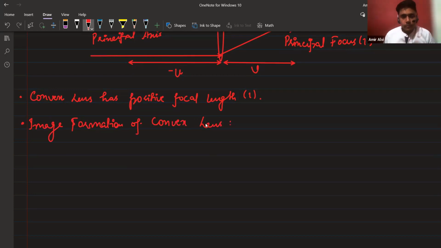Basically, same as the mirror, we will be having only 2 rays to form the image. We know we need only 2 rays. At least we need 2 rays. Yes or no, everybody? I will be doing everything from scratch in this example. Don't worry. Clear?